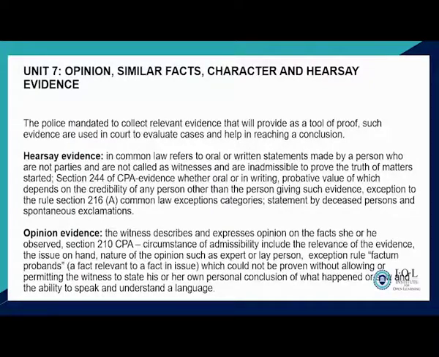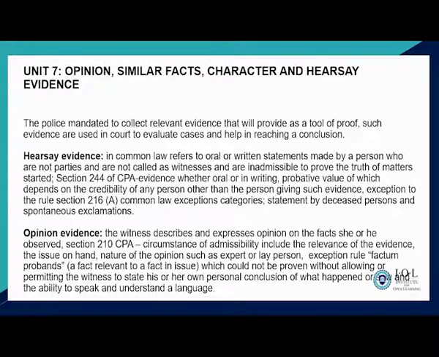Opinion evidence. The witness describes and expresses an opinion on the facts she or he observed. Section 210 CPA. Circumstances of admissibility include the relevance of the evidence, the issue on hand, and the nature of the opinion, such as expert or lay person.